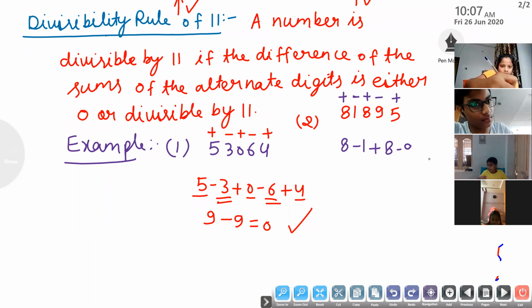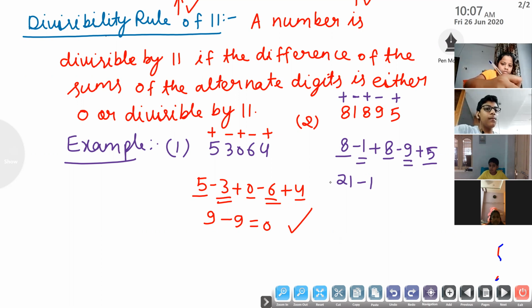Again, I want to check: plus 8 is there, plus 8 is there, plus 5 is there. 8 plus 8, 16, plus 5, 21. Minus 1 minus 9, minus 10. 21 minus 10 is equal to 11. Is 11 divisible by 11? Yes. This answer also, 81,895 is also divisible by 11.